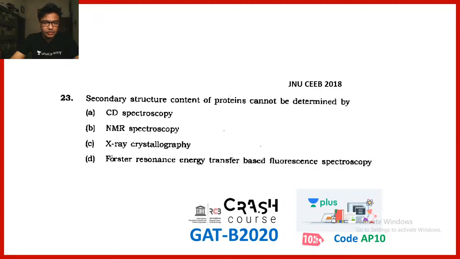Okay, so here is a question from JNU CEB 2018. We are talking about biological techniques, or the techniques that are used in biology. So these are very important concepts, low hanging fruit, because they can give you quite a lot of marks. So guys, tell me this answer. Secondary structure content of a protein cannot be determined by which of the following techniques?